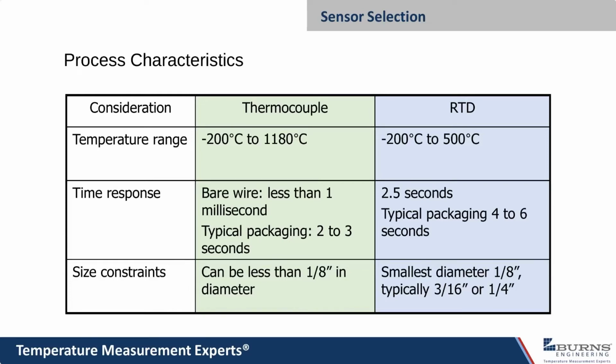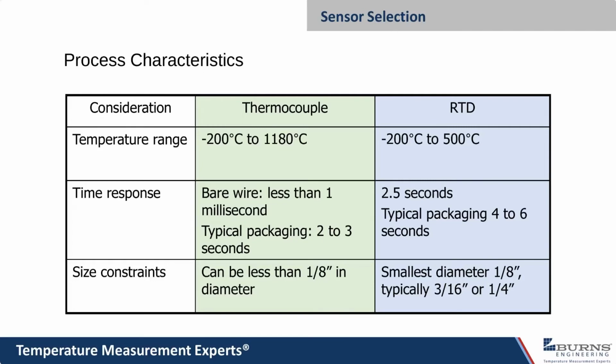And then size. There are some RTDs that are very small. They tend to be very delicate. Most of the industrial stuff you'll see, 1/8 inch is about the smallest. There are some that will be maybe 80 thousandths. If you get much smaller than that, you end up with durability issues. With thermocouples, of course, you just have the two wires hooked together, and they can be really tiny wires.